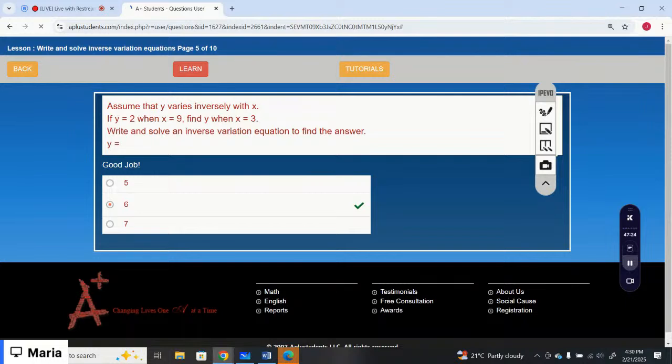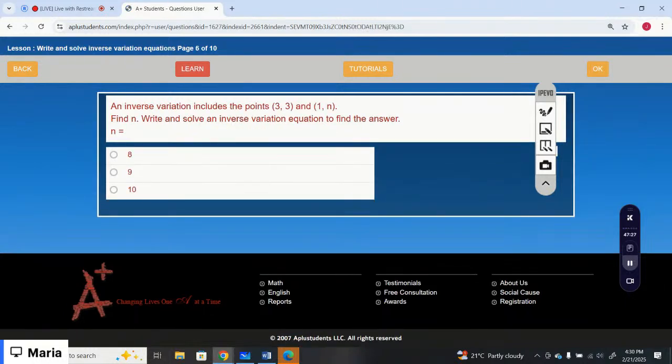X is 3, y is 6. That is 9. Option number 2 is the correct option.